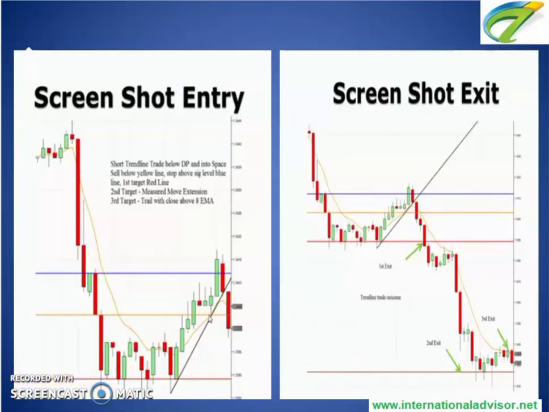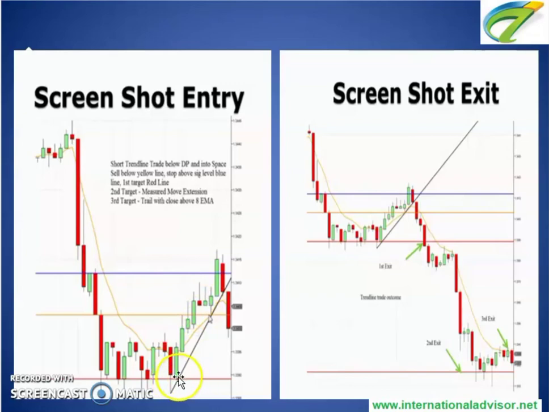For example, on the left side you see this is a screenshot of the entry, which was based on multiple reasons as we have discussed in lecture 3. So this is the properly drawn trend line. We entered on the break of the trend line, and we have stop over here because this was the significant level, so we need to have stop above this, and then this is the end of the space.